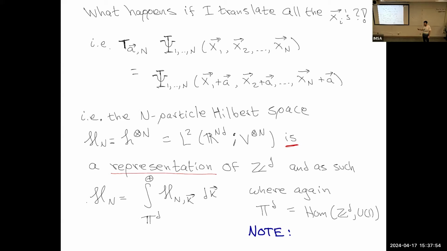In fact, you can show that, for example, single particle invariants are stable when you include interactions if viewed in this way. I wasn't going to discuss an example, but I recommend if you go to our paper, you can show, for example, that if you have a single particle system that has a non-trivial Chern number, then you can show that the many-body wave function has a non-trivial Chern number.